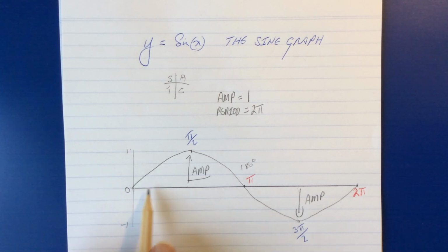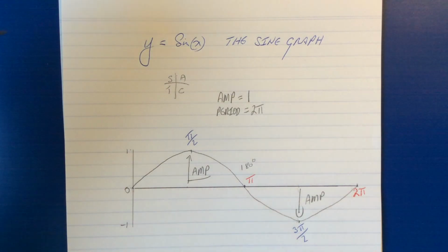And we have period. So those of you familiar with other graphs will know that we can dilate graphs in these directions. We can dilate from the x-axis or from the y-axis, and in a later video I'll get into how you do that with these graphs.